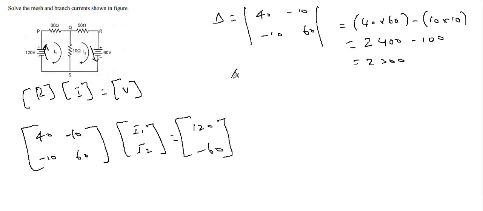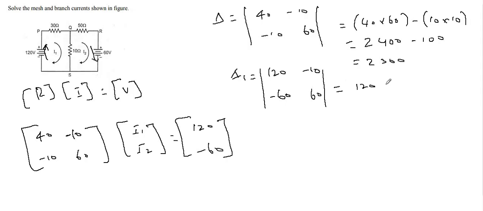So next we'll find the value for del 1. So here replace the voltage in column 1: 120, minus 60, and minus 10, 60. So we'll find the determinant for this.